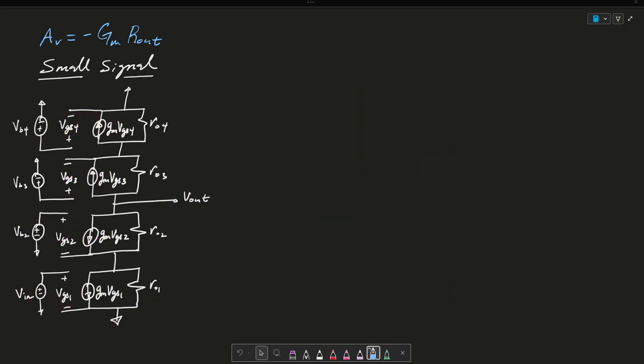All right, so for the next part of the video, we want to figure out what R out is. Again, this is also called R Thevenin, or the output resistance, which tells us V out over I out, given that V in is equal to 0.